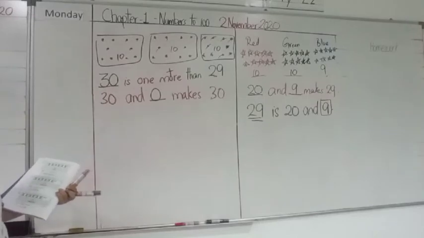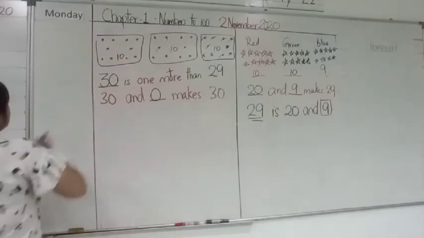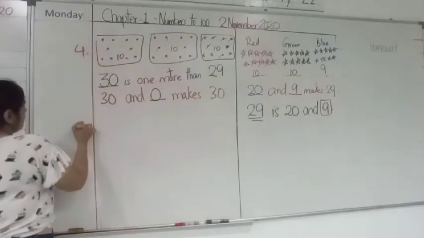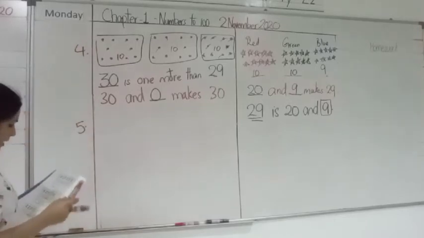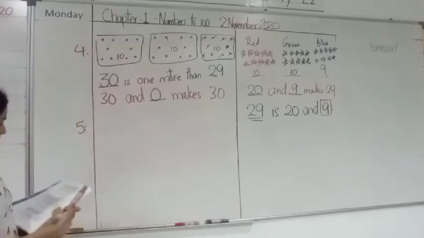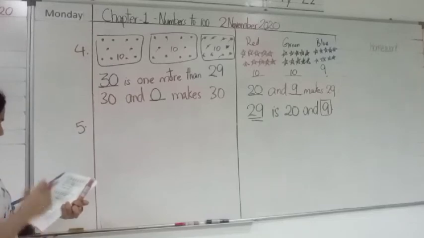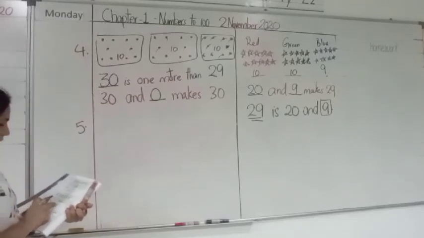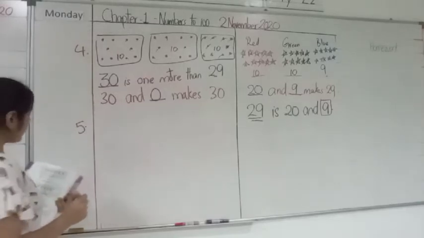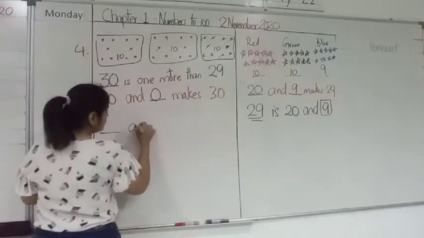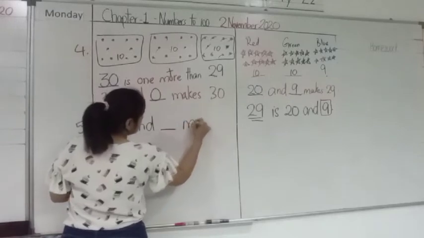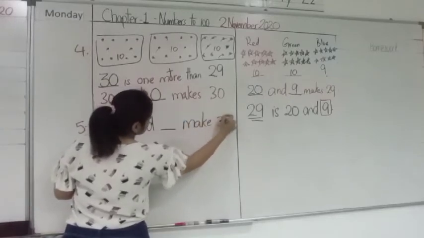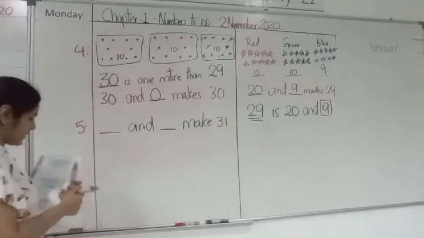Now look at question number 5. This is number 4. This is number 5. Alright, number 5. They have dots. They say 31. Dash and dash makes 31. What and what makes 31?